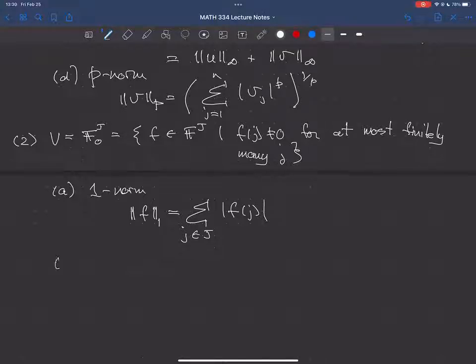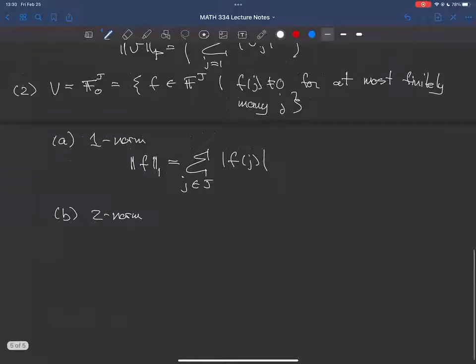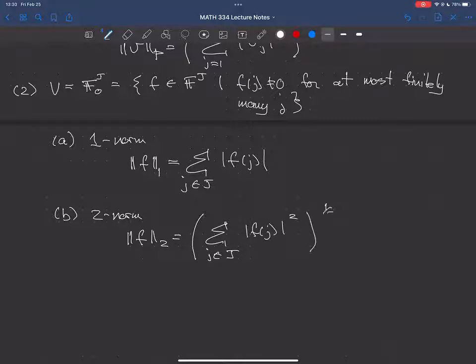The 2 norm is, again, the obvious adaptation to the definition I had above. Okay.